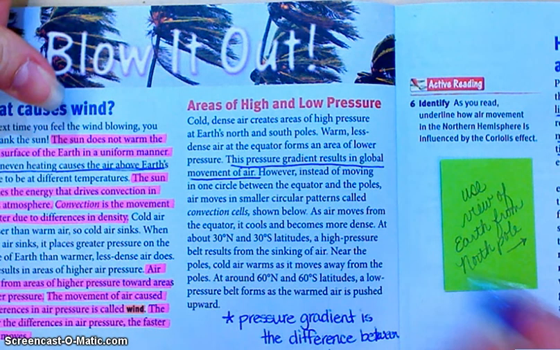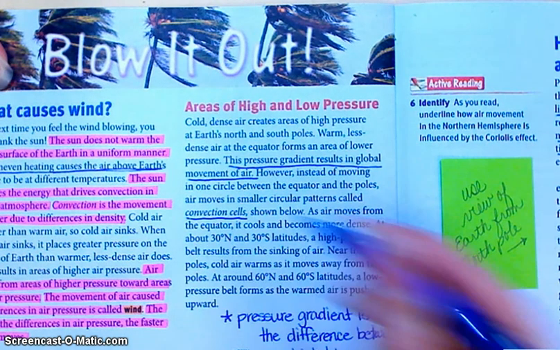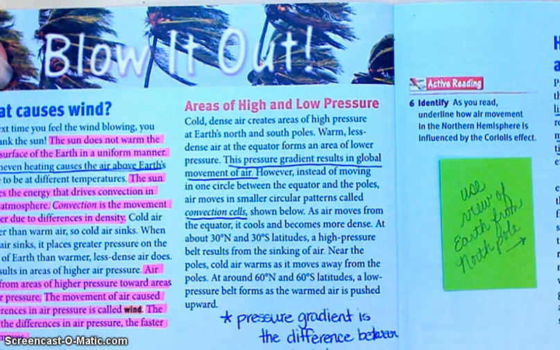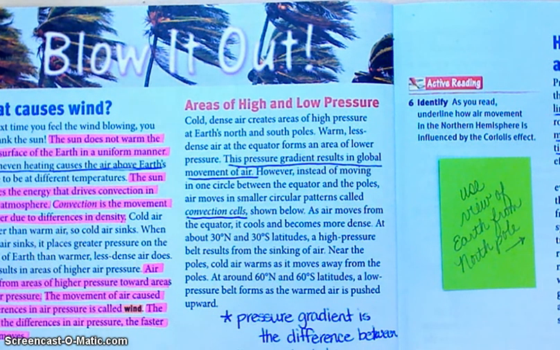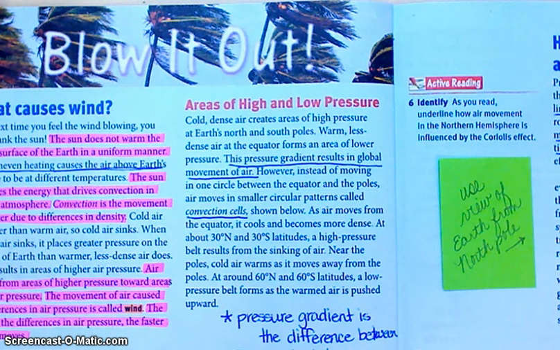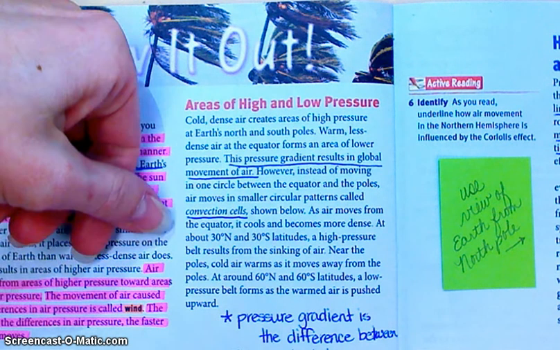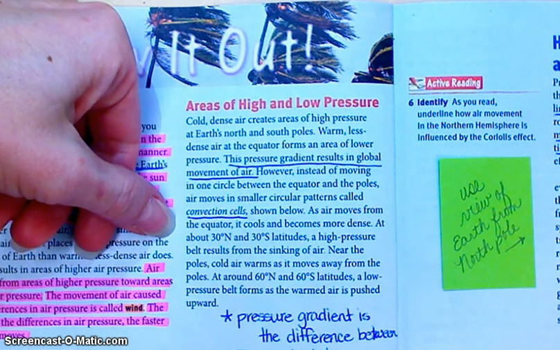We actually have several convection cells that are set up, and it's due to the speed at which the Earth rotates and things like that. Okay? But in general, if you can keep in mind that air moves from an area of high pressure to low pressure, then that'll help kind of drive what we're going to show you.